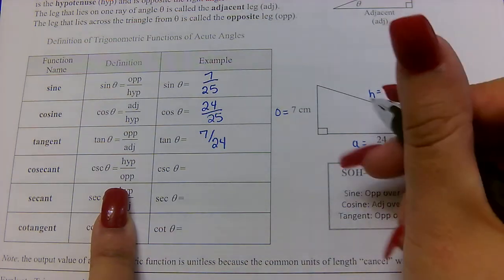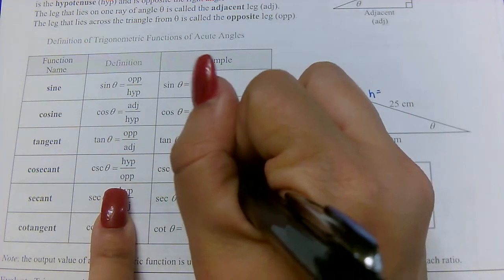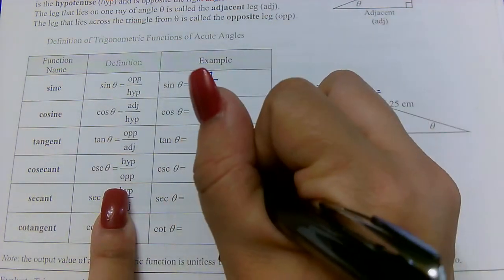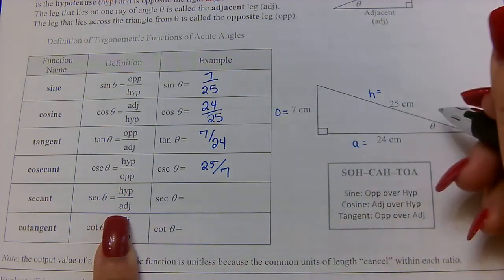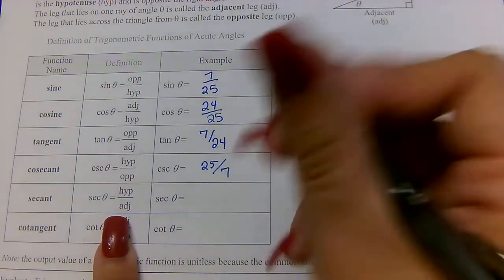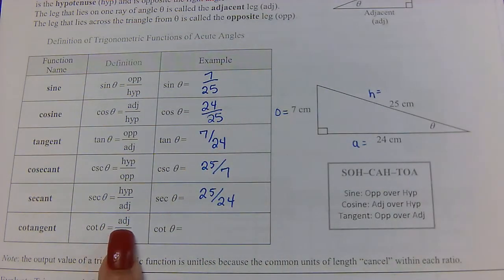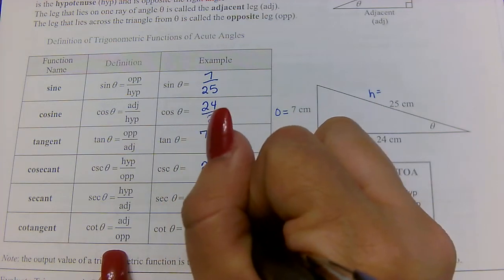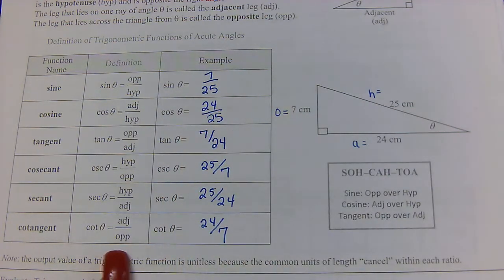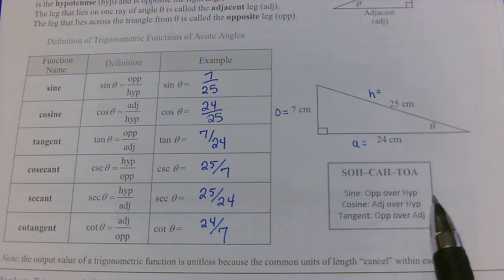Hypotenuse over opposite, that's going to be 25 over 7. Hypotenuse over adjacent, that's 25 over 24. And then cotangent is adjacent over opposite, so that's 24 over 7. Okay, so this is the SOHCAHTOA.